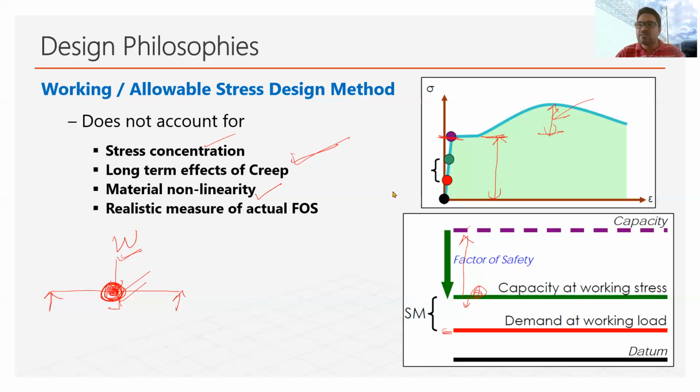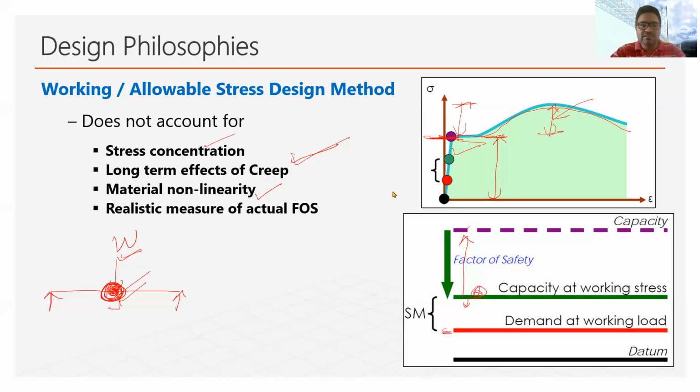That is why material non-linearity is not considered, because non-linearity in the material happens in the plastic stage. As you can see, up to yield the property of steel is linear, but as it goes up from here, the property of steel is not linear and it goes like this. So that is again a drawback. The working stress method doesn't consider this.